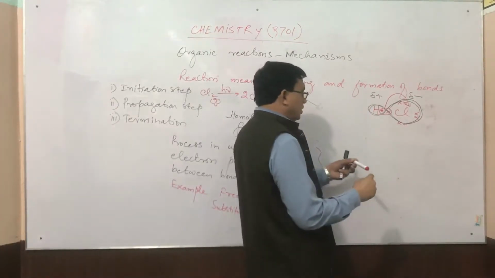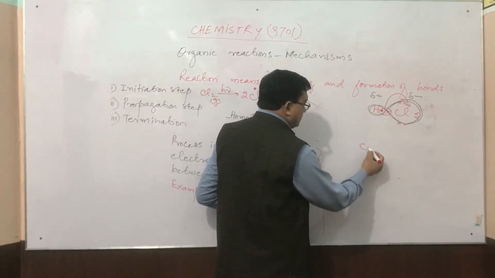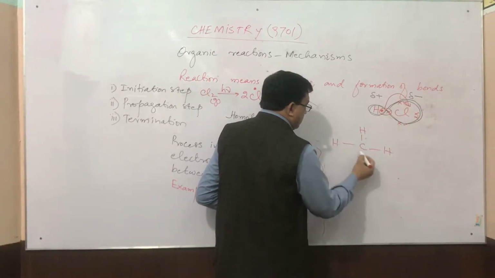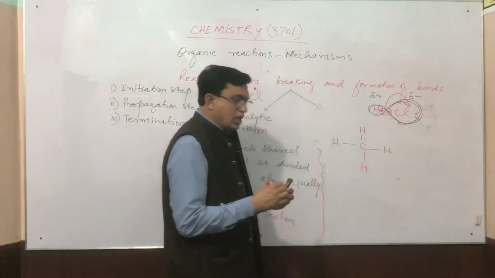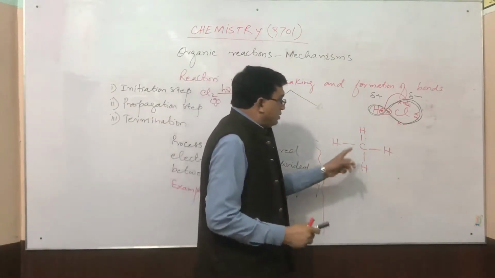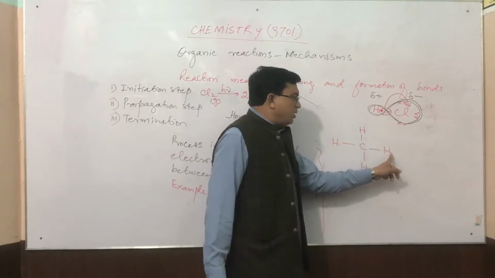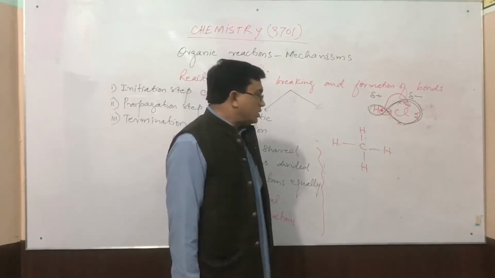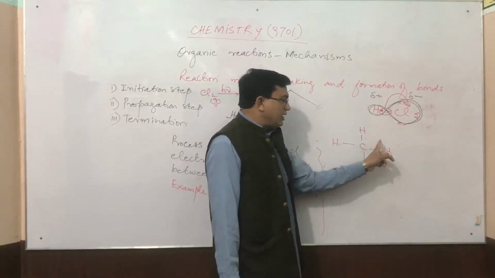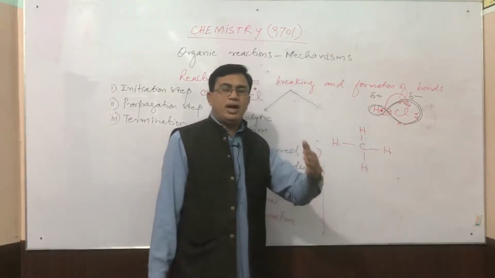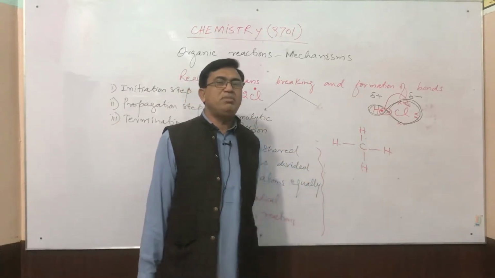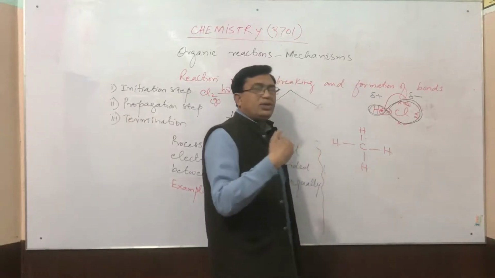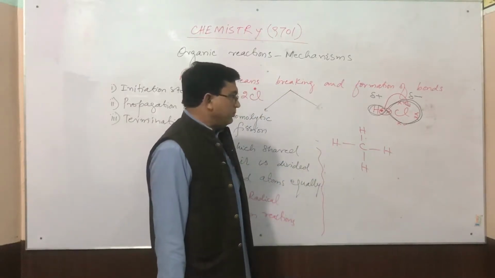First of all, consider that this is the formula of methane, CH4. The bond between carbon and hydrogen is considered non-polar because the electronegativity difference between carbon and hydrogen atoms is minimal.